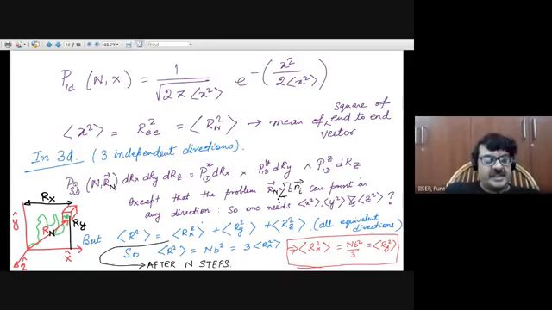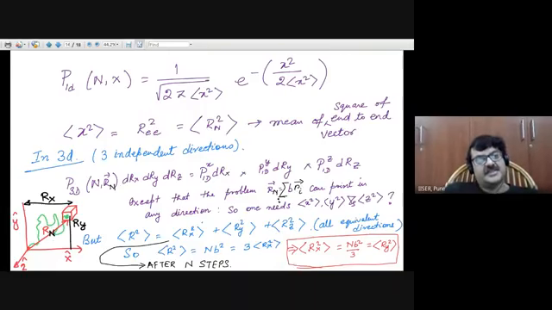So what we are asking is the probability in 3D with n steps that the end-to-end distance, or the random walk in 3D in n steps, ends up between Rx plus dRx, Ry plus dRy, and in the third direction Rz plus dRz.